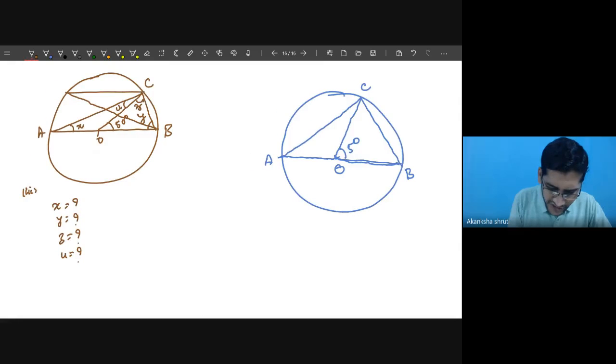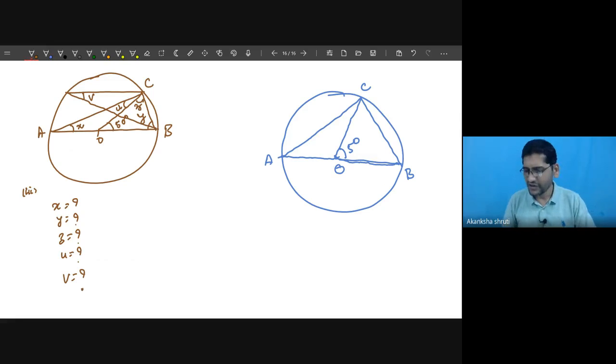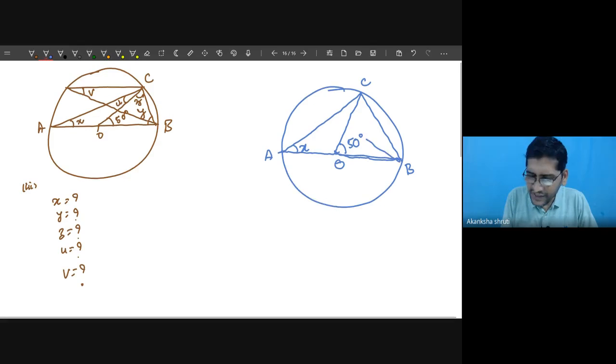Say if the question is like this, find this angle V also. What will be V? This we will also calculate. So whether you consider this angle as the X, this angle X will be half of the angle at the center, which is 50 degree. Getting? Or even if you consider any point anywhere.